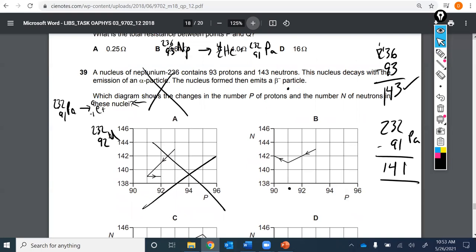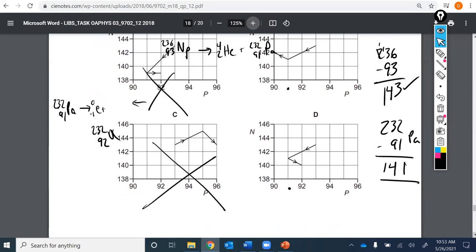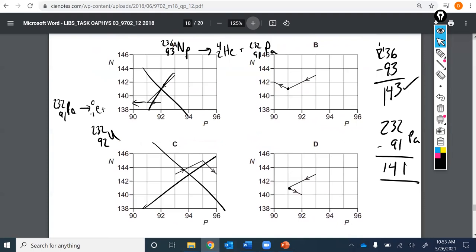The nucleus formed then emits a beta minus particle. Oh, that's right. We're not looking at nucleon, we're looking at neutron. Because a neutron became a proton, this one has to go down. So this 141, remember, is the number of neutrons. The nucleon number stays the same, like the 232 still stays 232. But if we do the neutron calculation, one of these became a proton, so one less of these is a neutron now. So the neutron number in this uranium isotope would actually be 140. So we can see that choice D must be the correct answer.